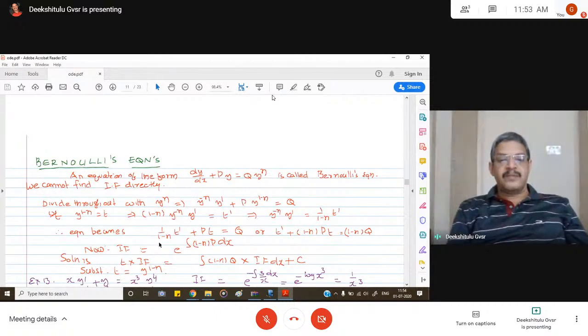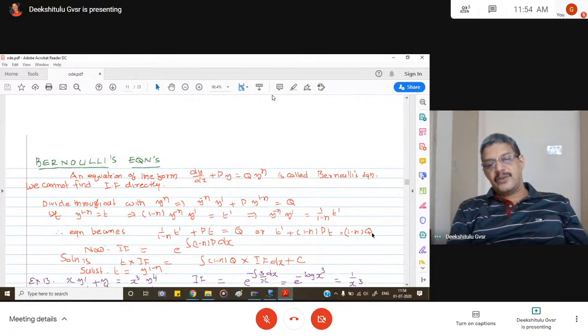We get 1 by (1 minus n) into t dash plus p into t is equal to q. Multiply throughout with 1 minus n: t dash plus 1 minus n into p t is equal to 1 minus n into q. Now it is in the standard form, because 1 minus n is a constant, it matters nothing for us, it's not a big deal.